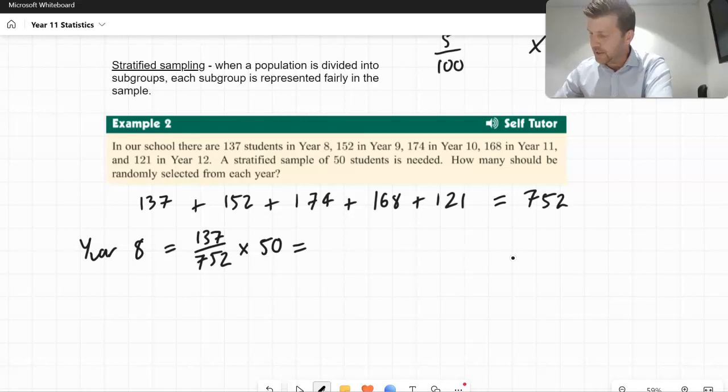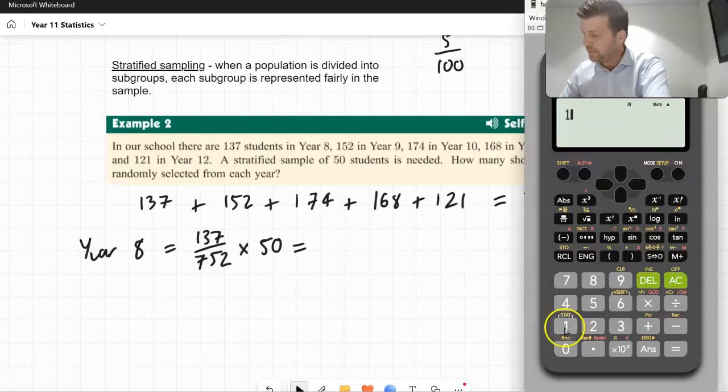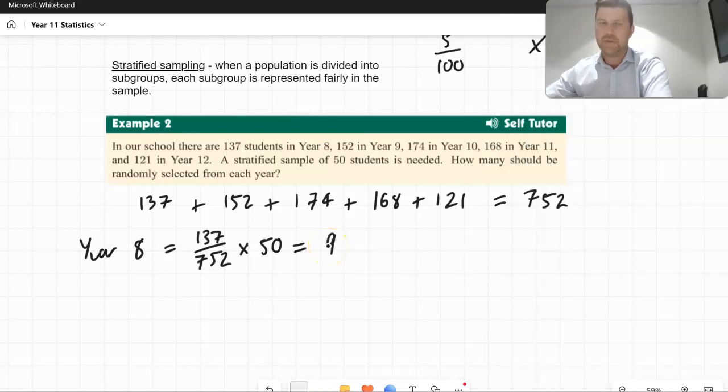Okay, and then put that into your calculator. So 137 over 752 times by 50. And now I'm going to convert that from standard to decimal form. So press the SD button, which gives me 9.1. So I'm going to round it to 9 students. So from Year 8, 9 students will be surveyed.